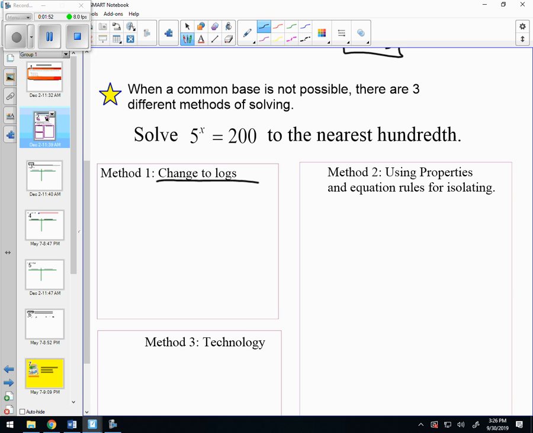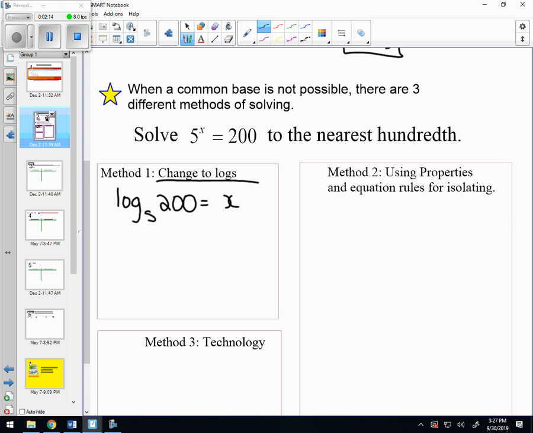So thinking back to how to convert it, the base of my exponent becomes the base of my log, so 5. The 200 is there, and then the x is on the other side. So always check it.